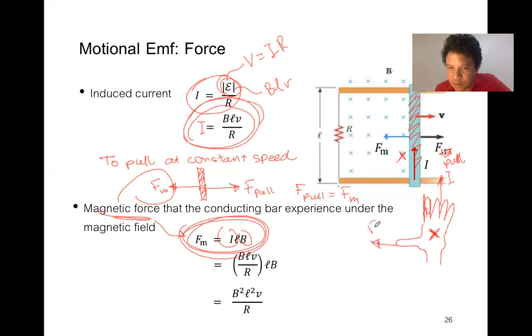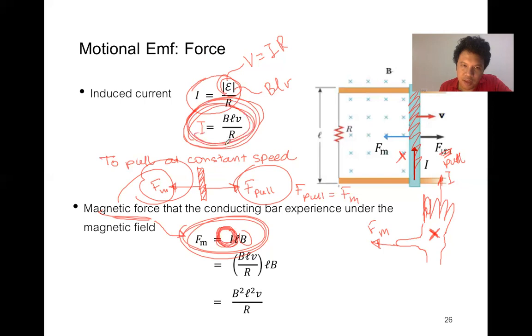So when the magnetic force goes to the left, you need to pull to the right in order to get the constant speed. And then I substitute the I, or the current, from the induced EMF. Finally I would be able to find the magnetic force and the pulling force in terms of B, L, V, and R, according to this equation.